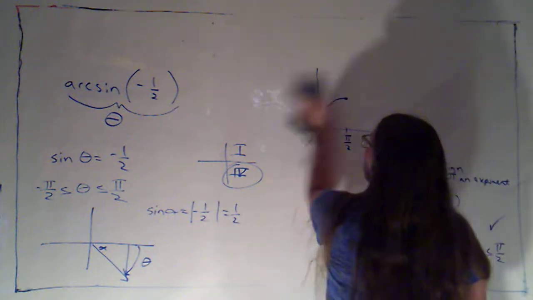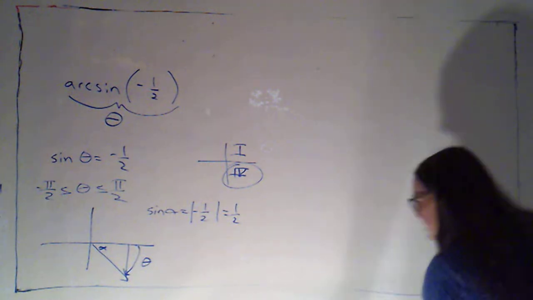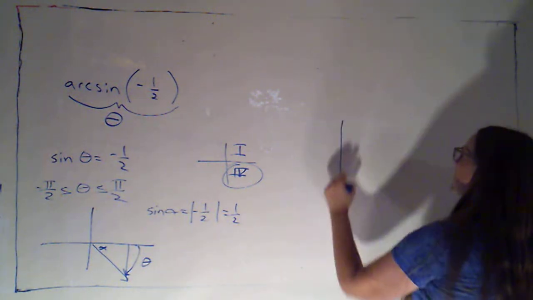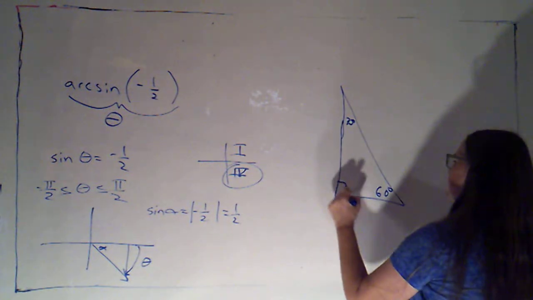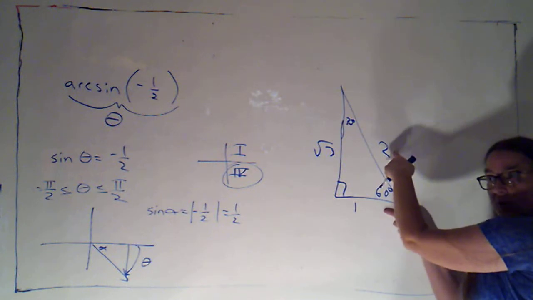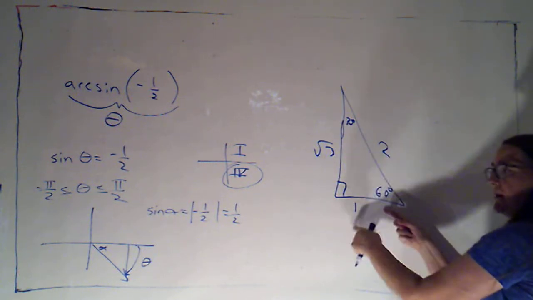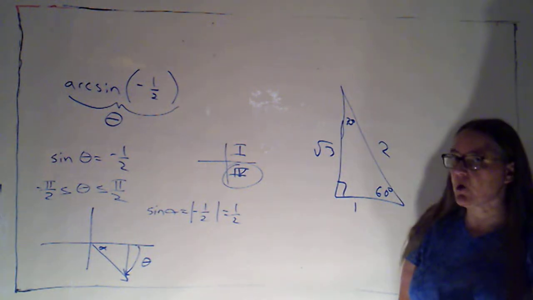So now I can say, what angle do I know? What acute angle do I know whose sine is 1/2? If I draw my 30, 60, 90, I can see that sine of 30 degrees is 1/2. Now, when we're working with inverse trig, we're working in radians unless explicitly told otherwise.